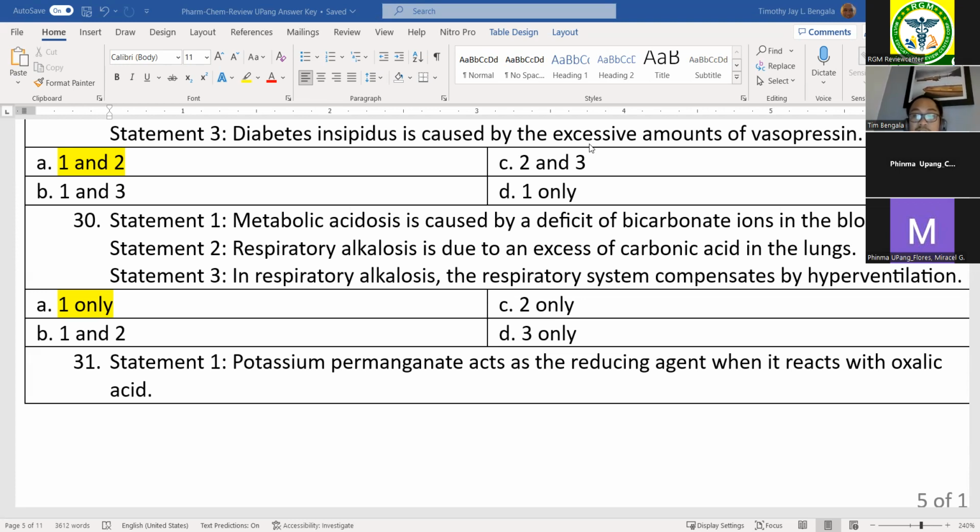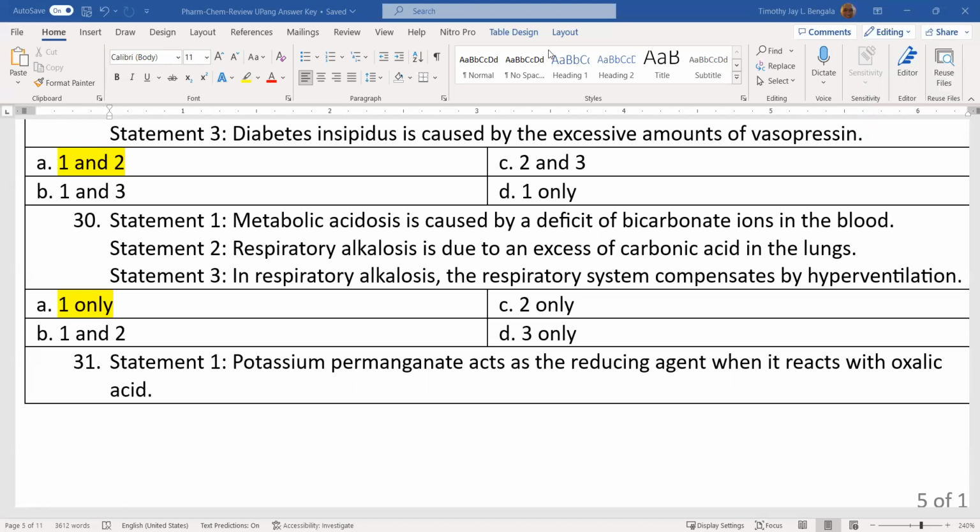So, that means hindi ka mag-hyperventilate, diba? Kasi nga, ayaw mong mawala yung carbon dioxide. So, kailangan mo ng carbon dioxide. So, for alkalosis, you slow down your breathing. Hindi ka nag-hyperventilate. Mas mabagal yung paghinga mo. Okay? So, here, the only correct answer is letter A, or number 1.